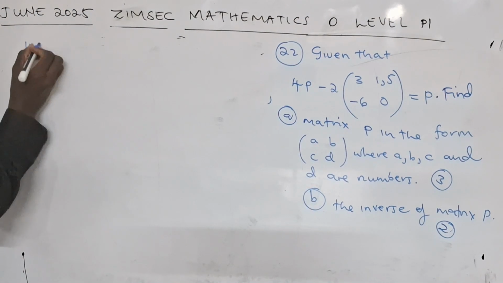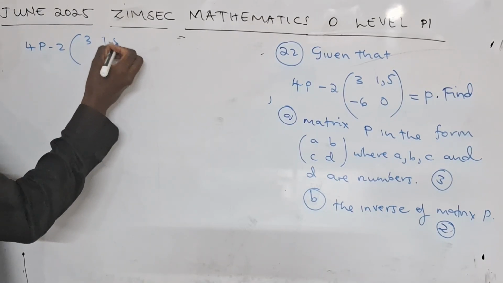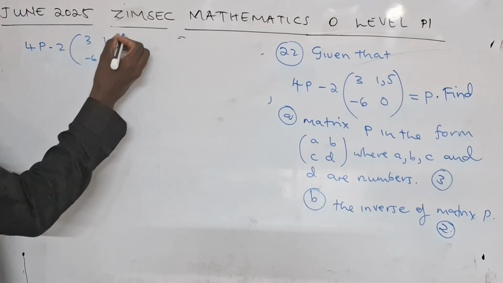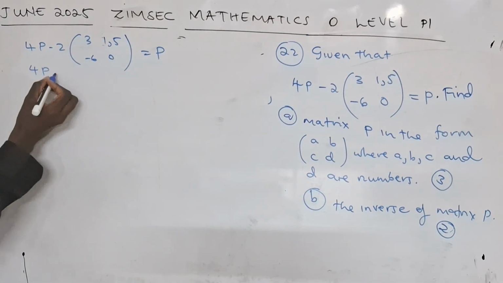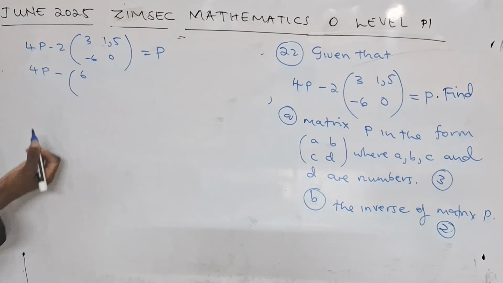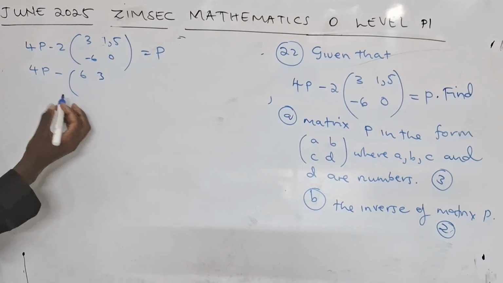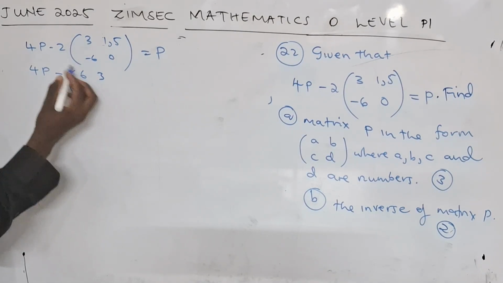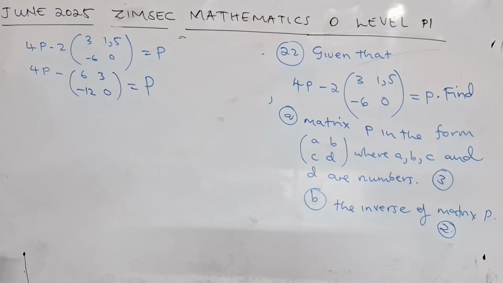So 2 into 3 is 6, 2 into 1.5 is 3, 2 into negative 6 is negative 12, 2 into 0 is 0, equal to P.